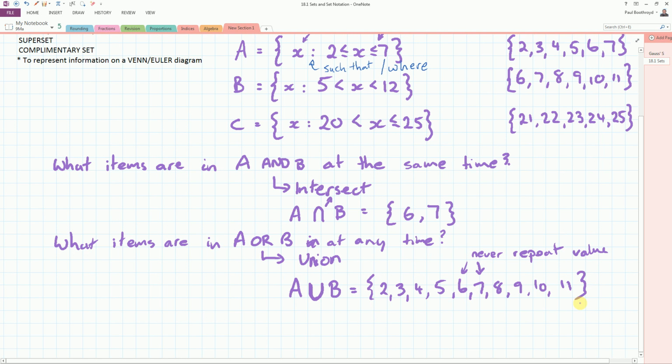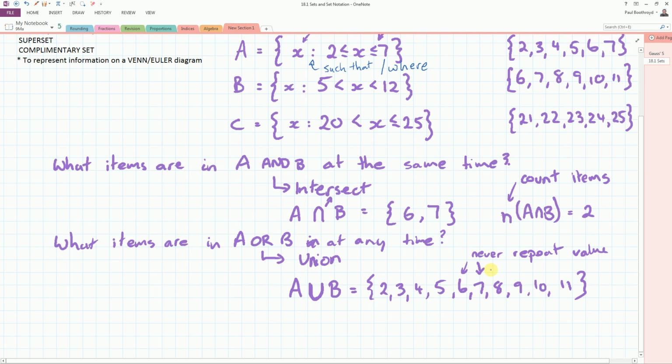Now what you often get asked is, what's the number of items in these lists? So if you see an N, and it is a proper N, not an intersect sign, of A intersect B, or any set, it could be N of A, it's how many items are in there. So it's count the items. And that's why it's important that we never have repeating values.